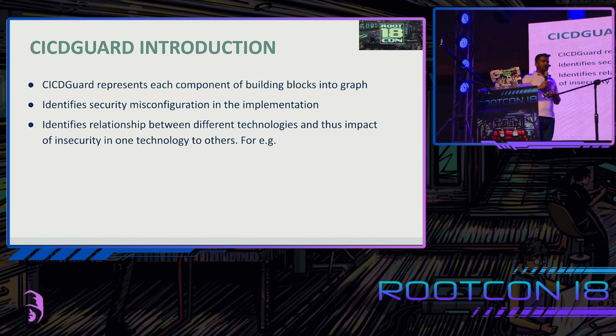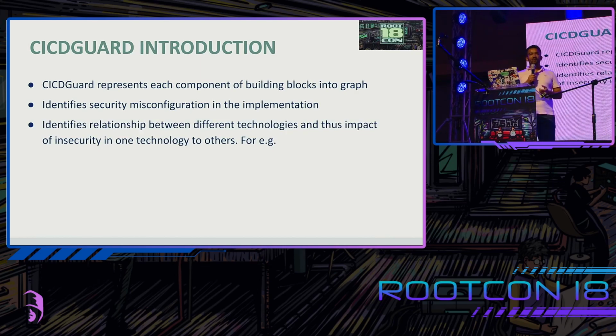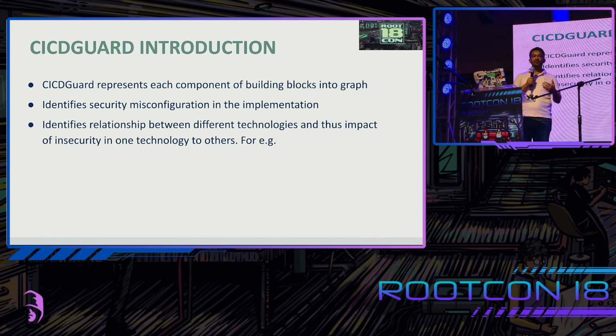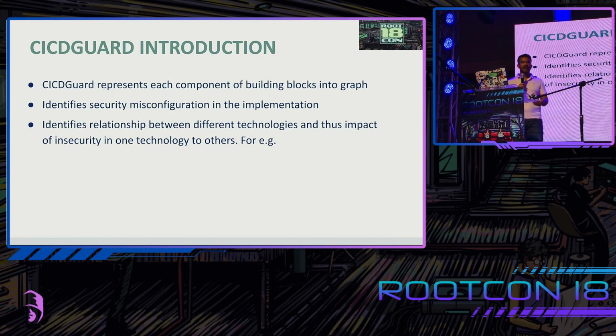Third thing, which in my opinion is the most critical piece, it tries to identify the relationship between the different platforms. As of today, we have software and platforms which identify the security issues in the specific components.